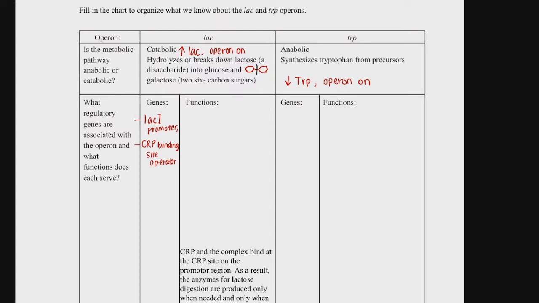The functions of this operon are that lac-I produces an active repressor protein that binds to the operator in the absence of lactose.